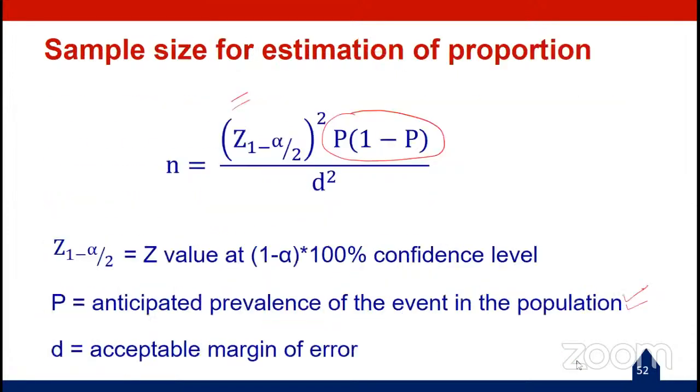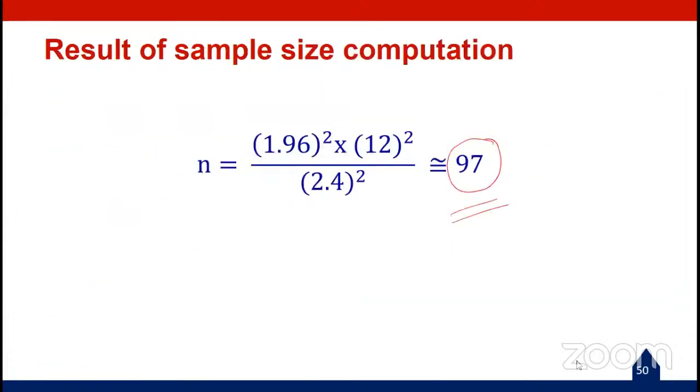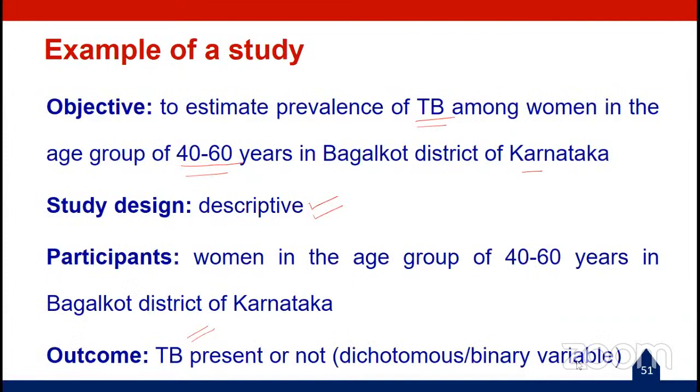Note that these two examples were for a descriptive study. In both examples we had only one group in the study. We didn't do any comparison. It was just estimation. In the first example, we estimated the mean with some level of confidence.